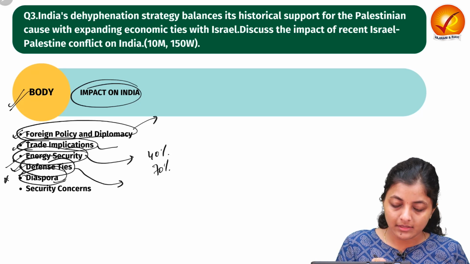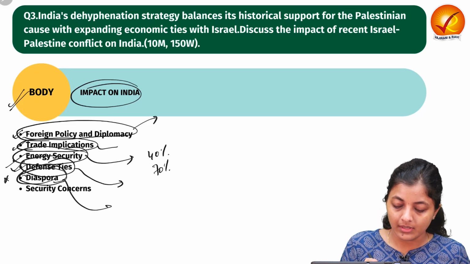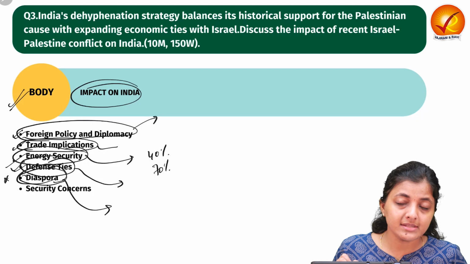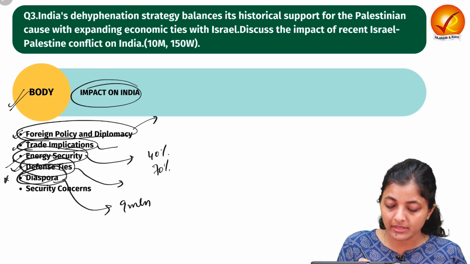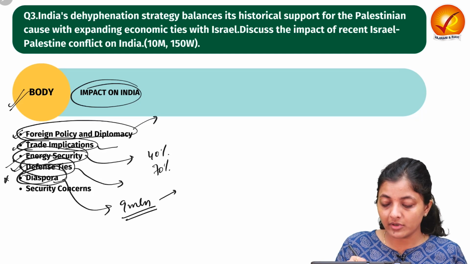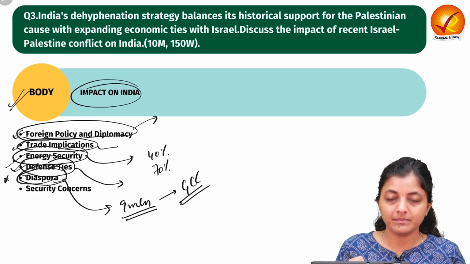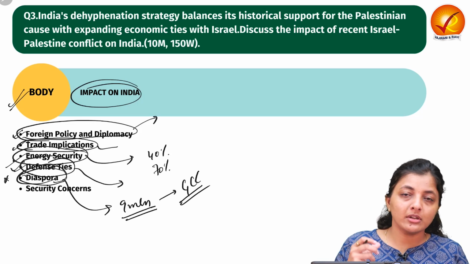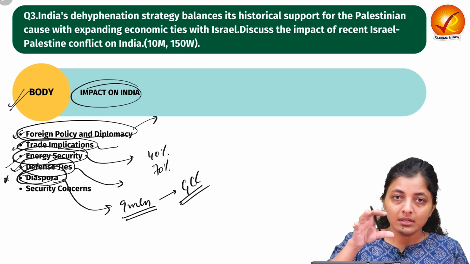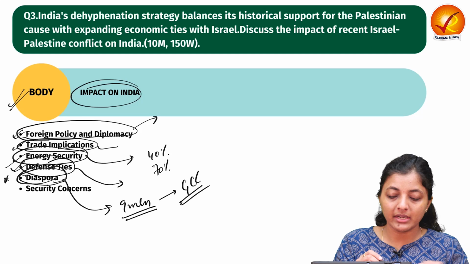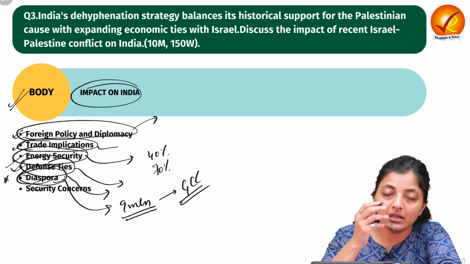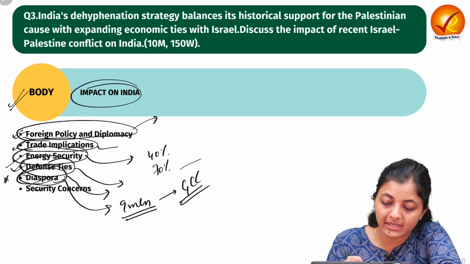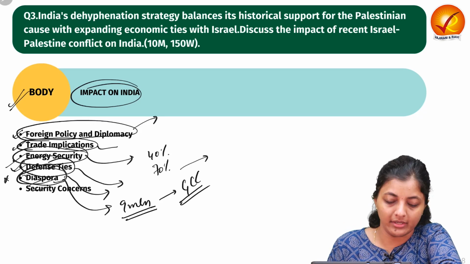The next is diaspora. Substantial numbers of Indians are living in Middle East countries. Approximately 9 million Indians are staying and working in the GCC countries. So political instability in this region is very harmful for India and also has negative repercussions on the diaspora living there, and it can also impact the remittance flow to India.